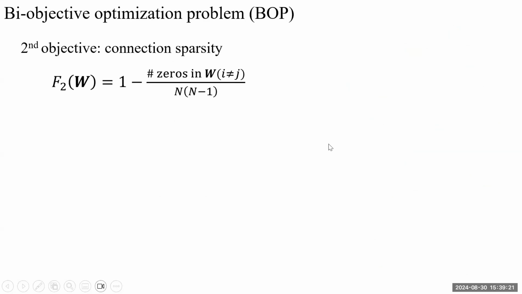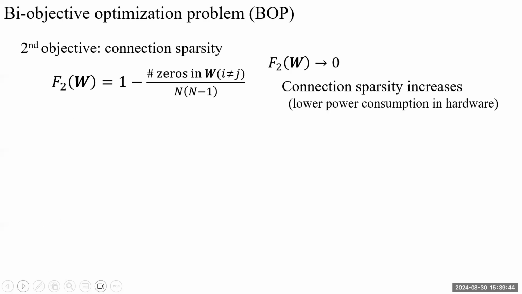And the second objective characterizes connection sparsity. That is characterized by zeros in connection parameters. Normalizing it and subtracting from one, we obtain the second objective as a function of cross-connection parameters. As F2 decreases, connection sparsity increases.